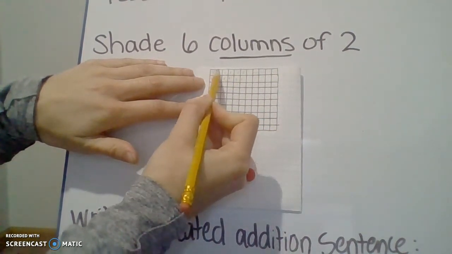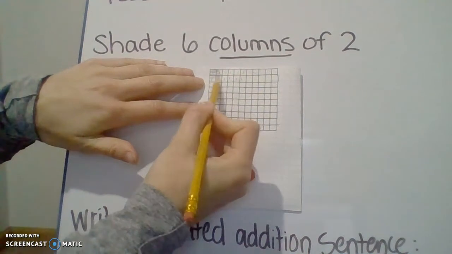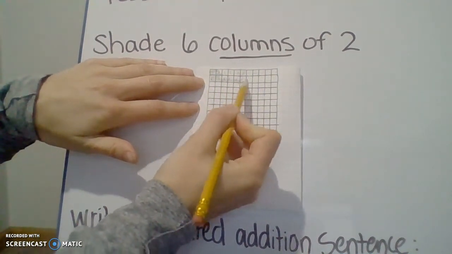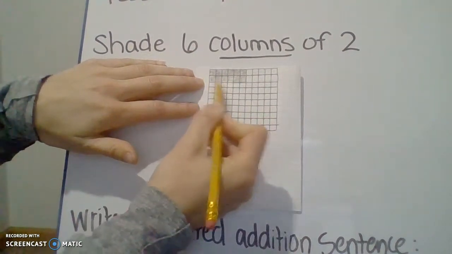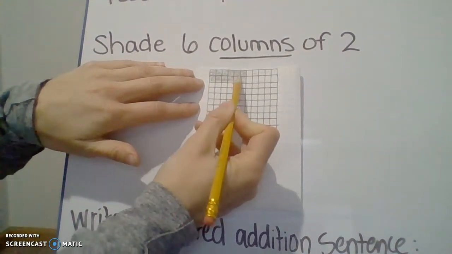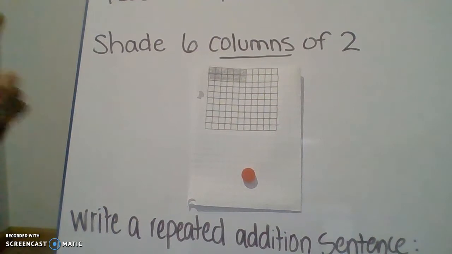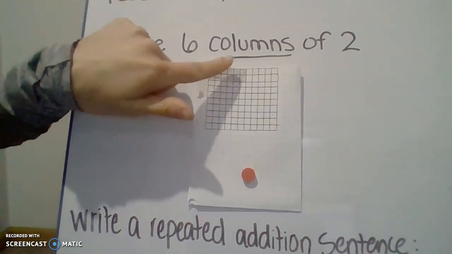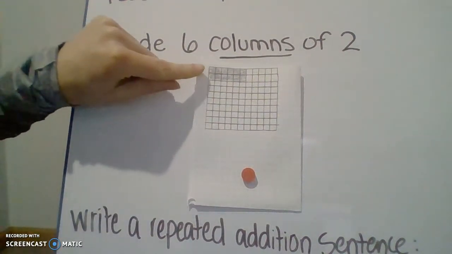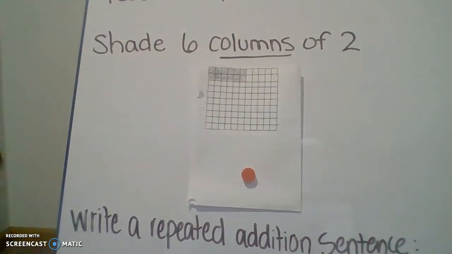Okay, so I would shade this right here, staying in the lines, just easy shading. So then just check your work. 6 columns. I have 1, 2, 3, 4, 5, 6 columns, and there's 1, 2 in each. Yep, 6 columns of 2.